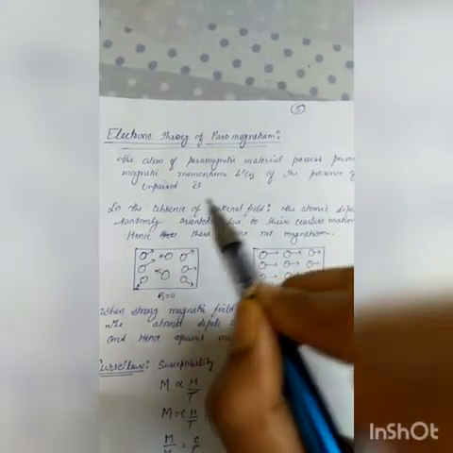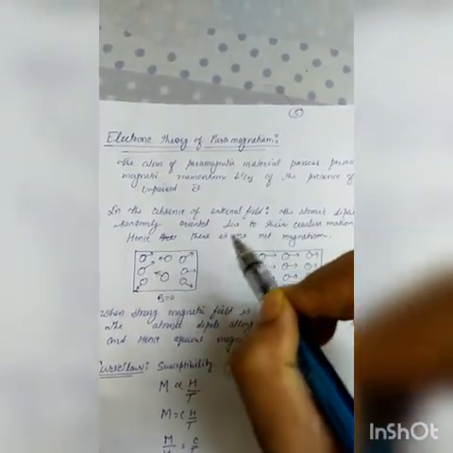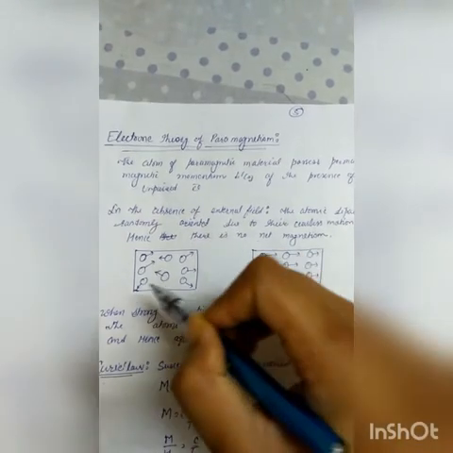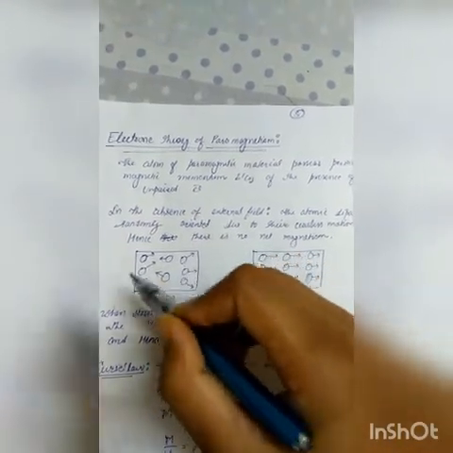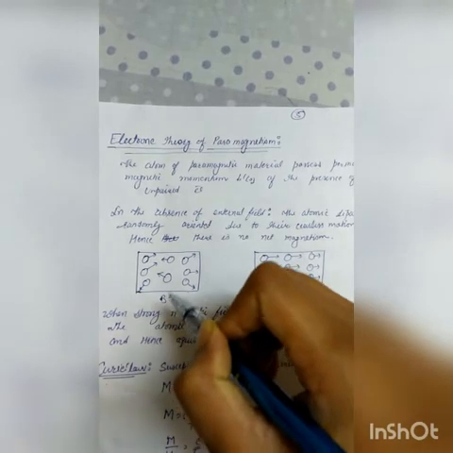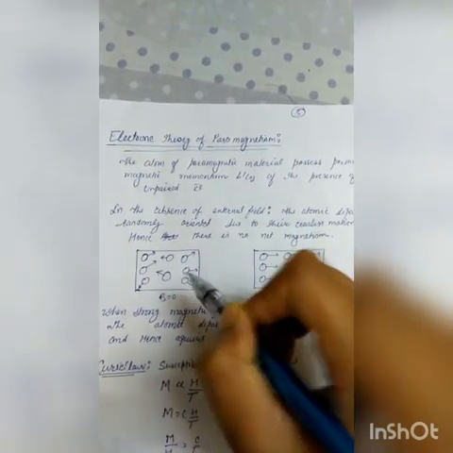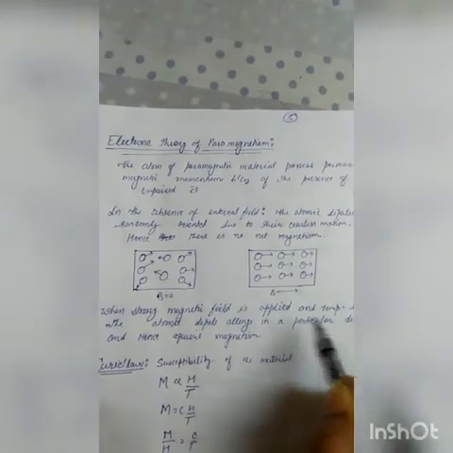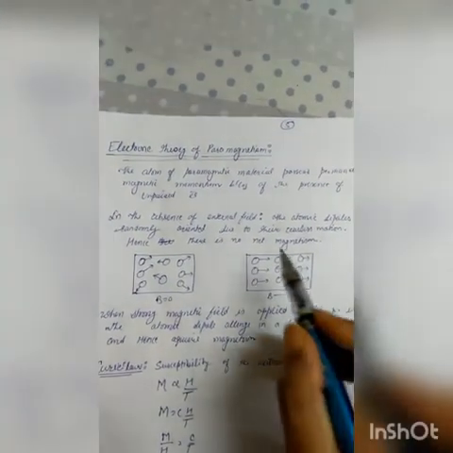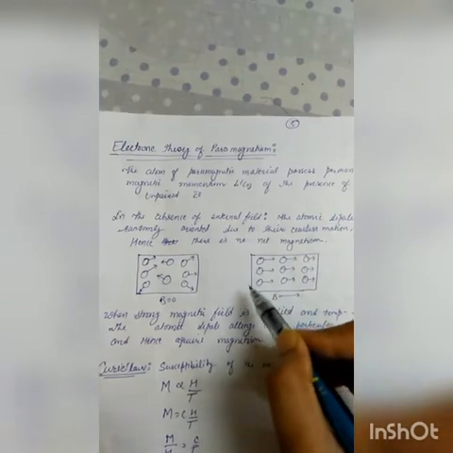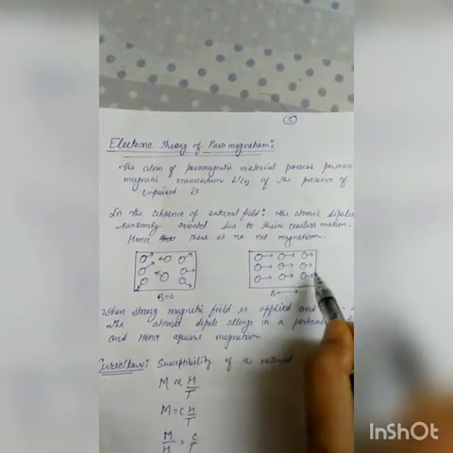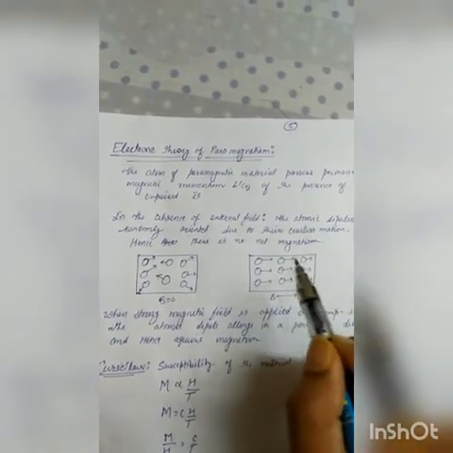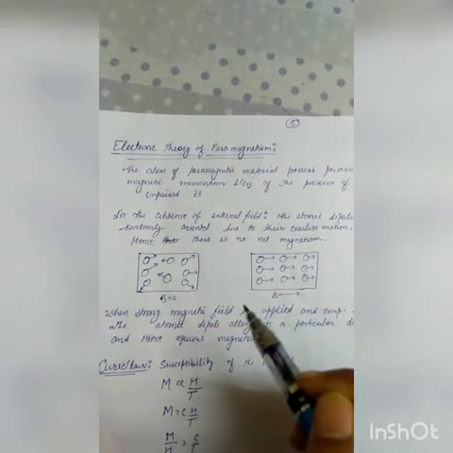But when no field is applied, all the magnetic moments are aligned randomly so that their net magnetic moment is zero. When the magnetic field is applied at a certain temperature, each magnetic moment aligns itself in the direction of the applied field and hence there is a net magnetic moment.